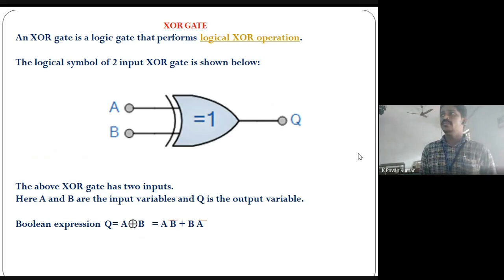A and B are the two input variables and output Q equal to A plus circle B. The Boolean expression of the exclusive OR gate is Q equal to A plus circle B. That means A plus circle B is equal to AB bar plus BA bar.